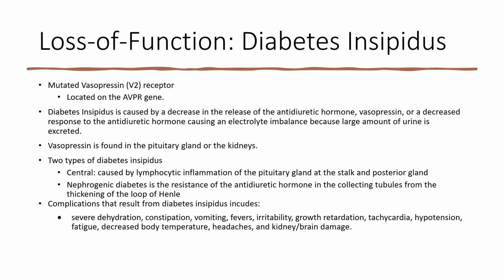So there are two types of this disease: central and nephrogenic. Central is caused by lymphocytic inflammation in the pituitary gland, at the stalk and the posterior gland. Nephrogenic is the resistance to this antidiuretic hormone, in the collecting tubules and the thick ascending loop of Henle.